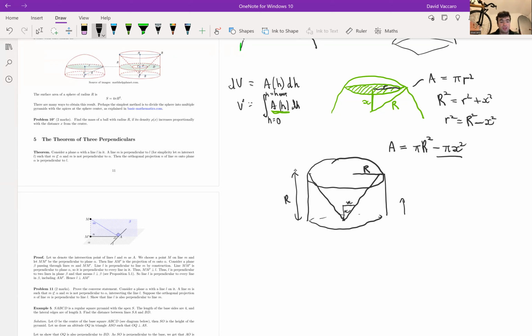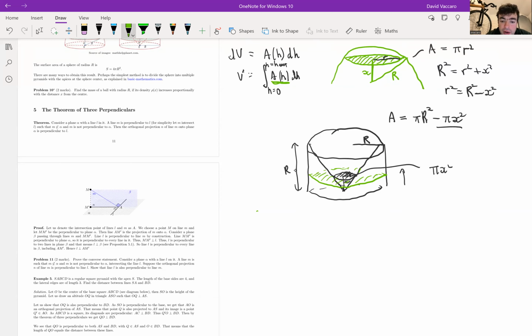Okay, so the two lateral edges fan out at 45 degrees. So then at each height level, this cut of the cone is pi x squared. So the outside of the cone, so this green area, is just equal to pi R squared minus pi x squared.